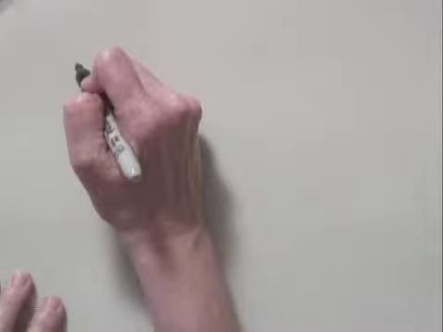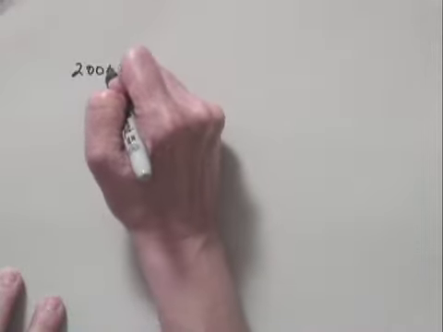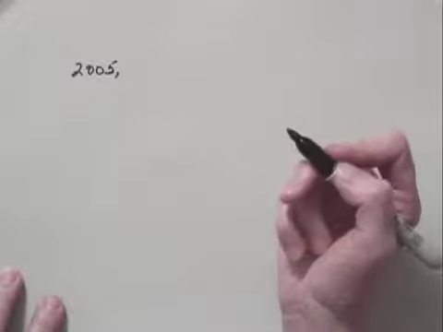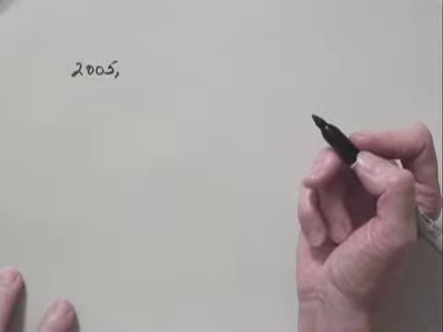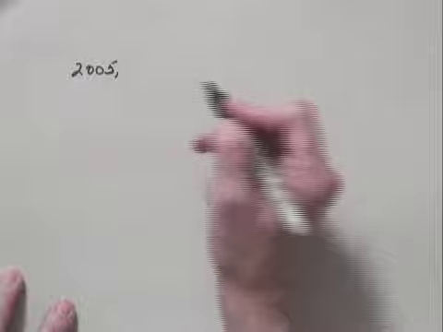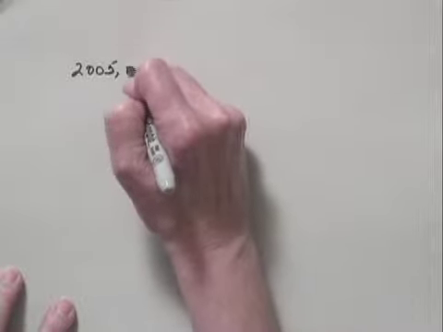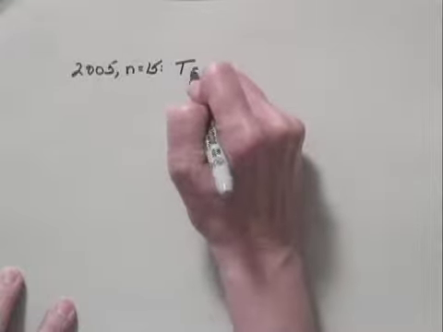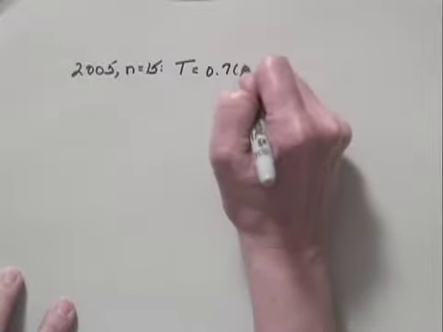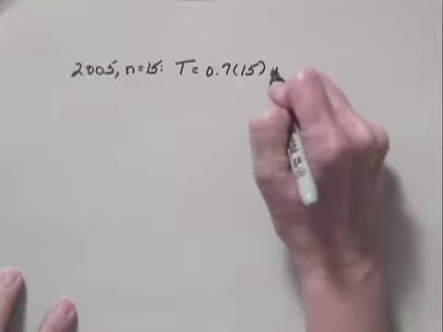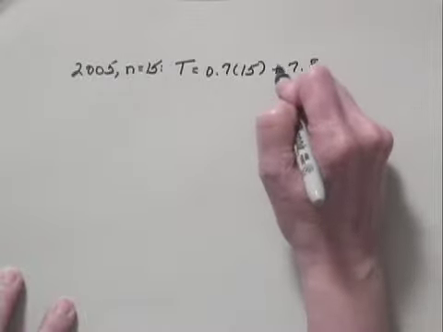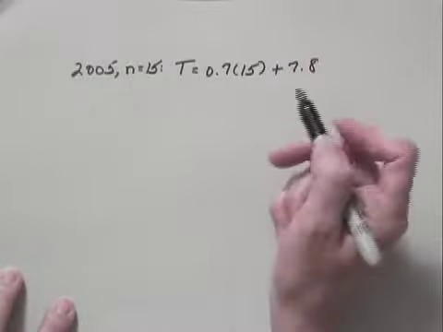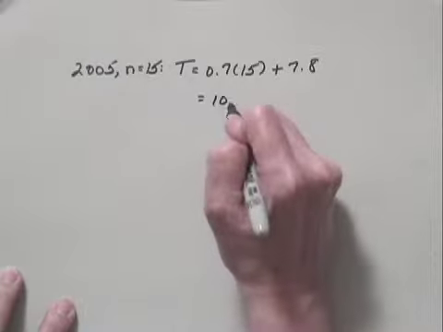Now let's look at 2005. 2005 is 15 years after 1990. 2005 minus 1990 is 15. So we have n equals 15. And the tuition T is going to be given by 0.7 times 15 plus 7.8. 0.7 times 15 is 10.5.